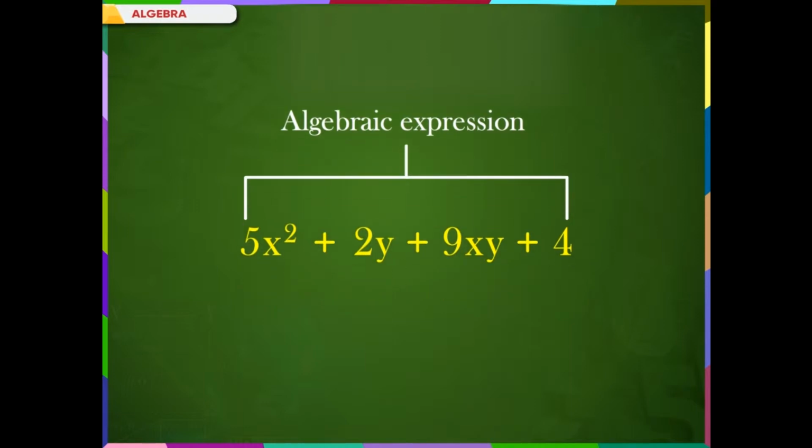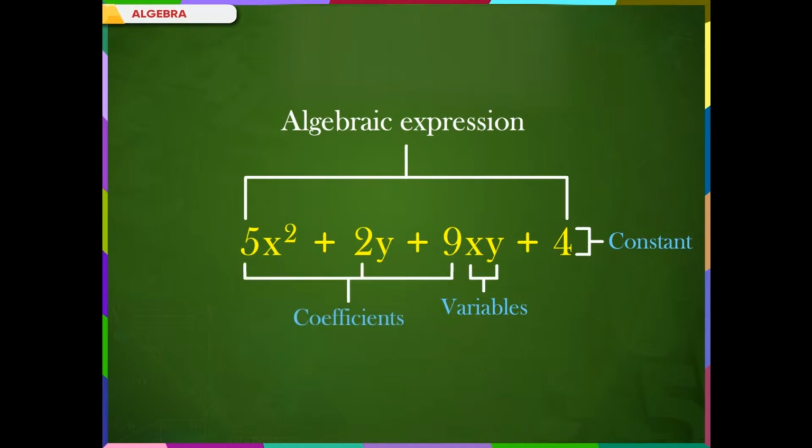In this algebraic expression, there are two variables, that is, x and y are used. The number 4 has a fixed value and is not associated with any variable. That is why it is called a constant. The number with which a variable is attached is called a coefficient.